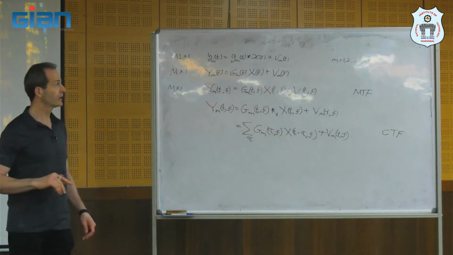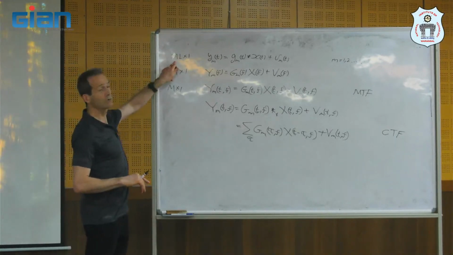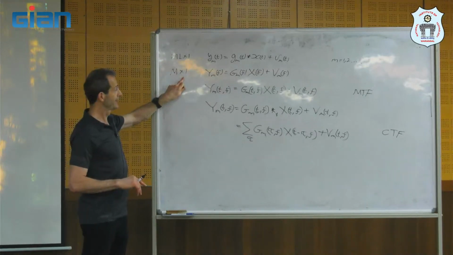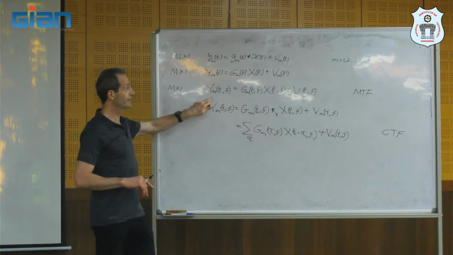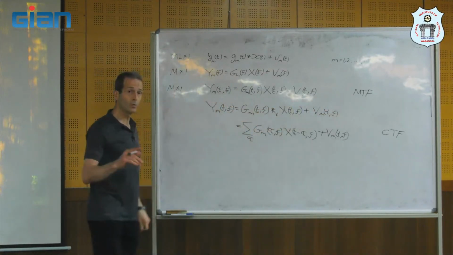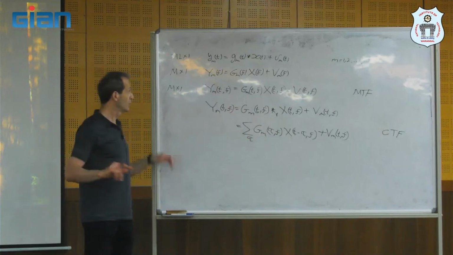Very nice. So here we worked with long filters of length ML. In the frequency domain and in the STFT domain with the MTF approximation, which is very similar, we work with L filters of length M.